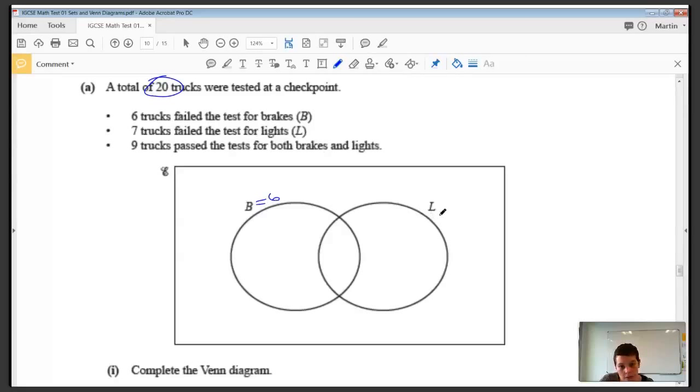So there's going to be 7 trucks in lights. 9 trucks passed the test for both. So 9 trucks have to go outside here because these are the 9 trucks that should be on the road. Okay, so now we've got to think about, we've got 9 trucks who have passed everything. So we have 11 dodgy trucks.